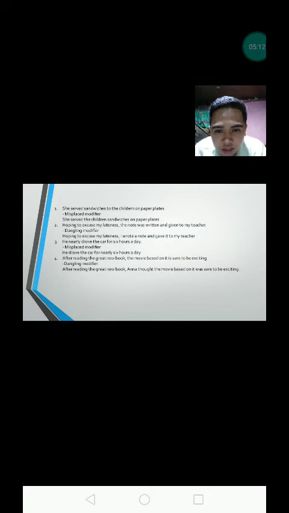If we put the modifier in its place, it becomes "She served the children sandwiches on the paper plates," not that the children are on the paper plates. It's confusing: who is on the paper plate, the sandwich or the children? So it is a misplaced modifier because it is confusing to read.